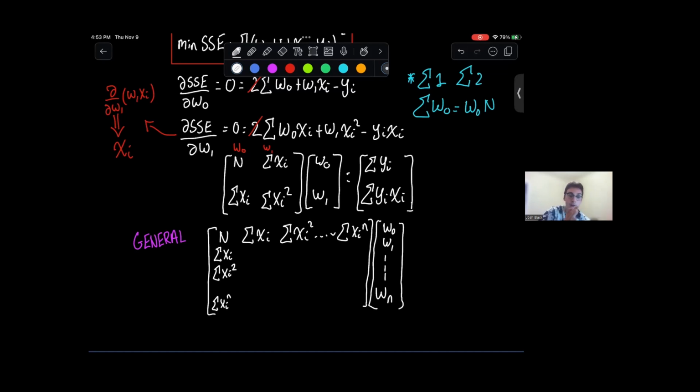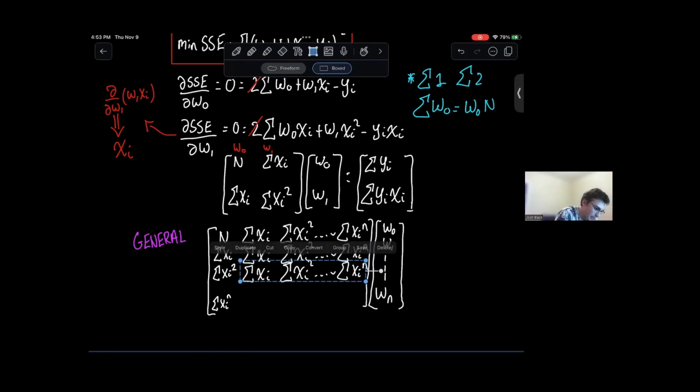What I like to do whenever I do any kind of regression, I like to take my rows and I like to duplicate it. I like to start from the beginning and I like duplicating it all the way down.